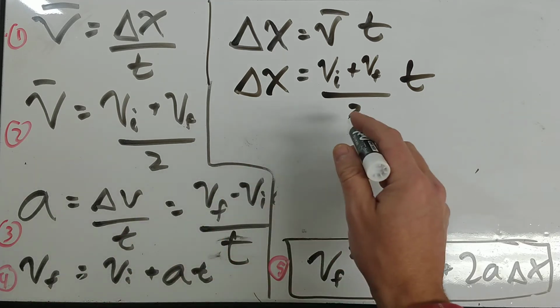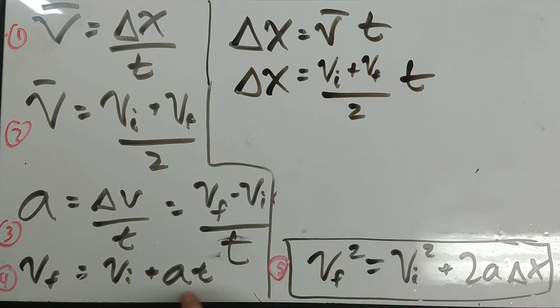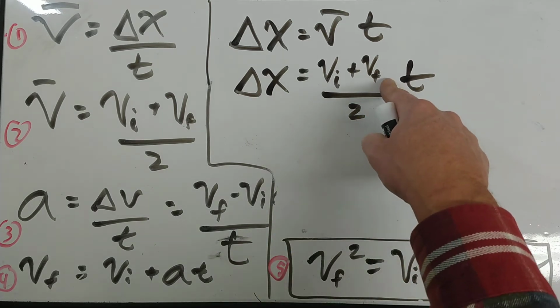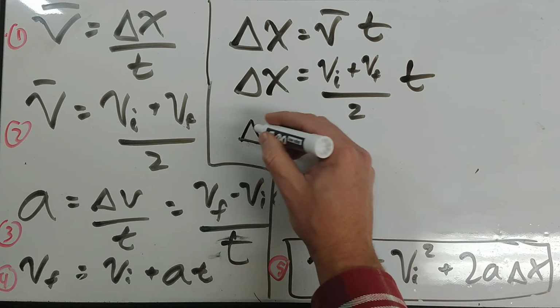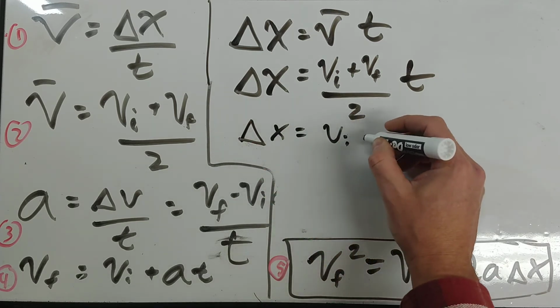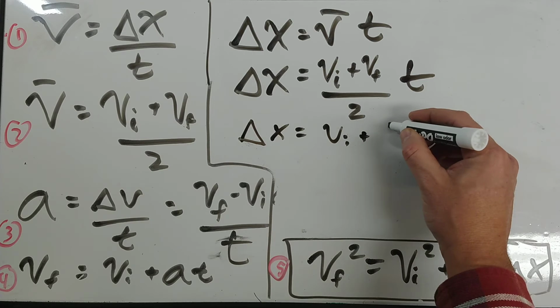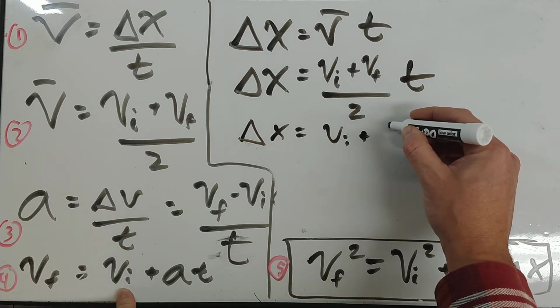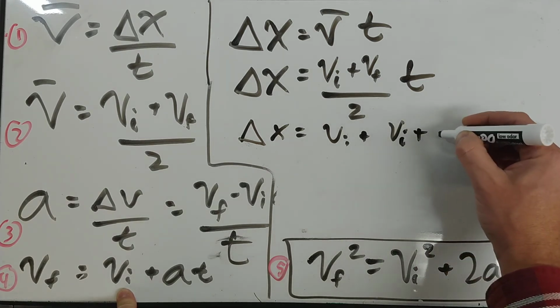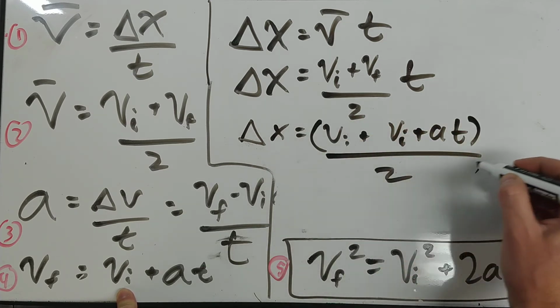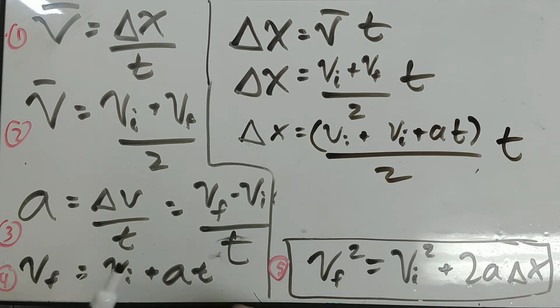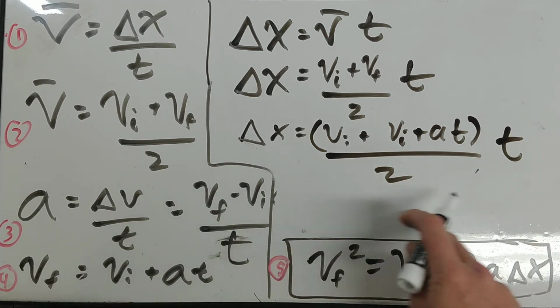Now I'm going to take equation 4 and put it in for v final. So delta x equals v initial plus v initial plus at, all on the top, over 2, times t. Let me simplify this a little.